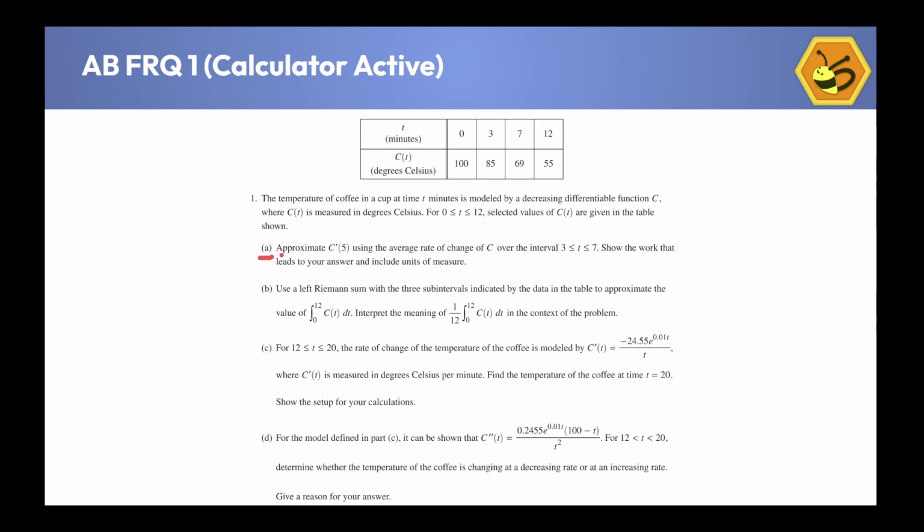I'll be happy to see your steps in approximating the instantaneous rate of change at 5, using an average rate of change of C over the interval [3, 7]. Yes, let's do part A first, and then we'll go on to later parts.